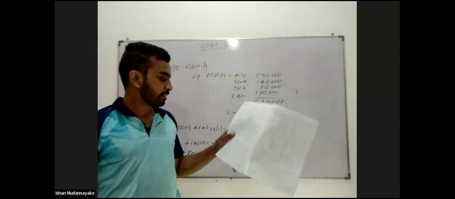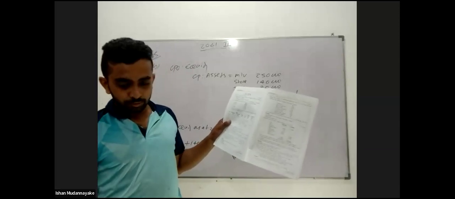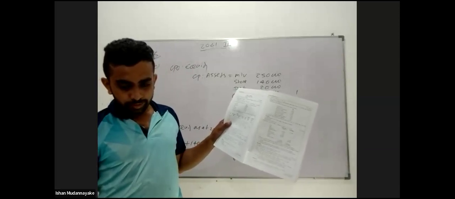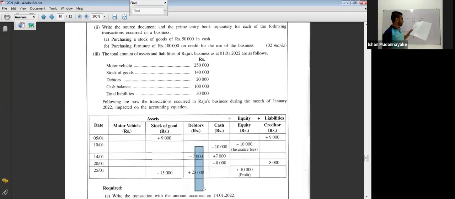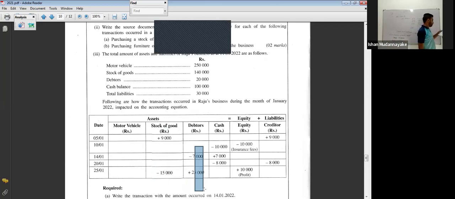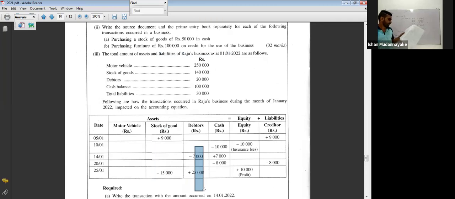And then debtors. Sorry, debtors minus 7,000 plus 25,000. It means my net difference is 18,000.